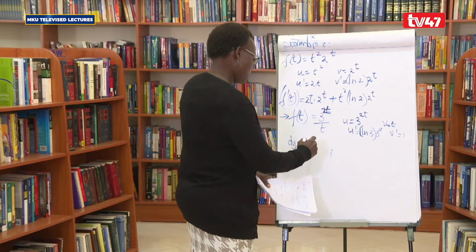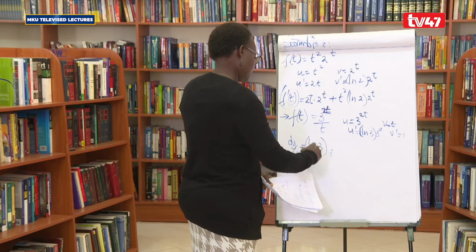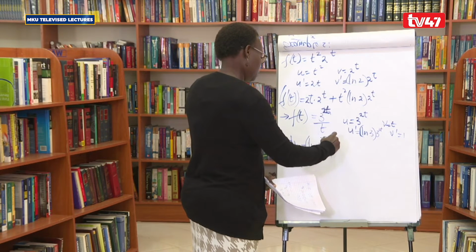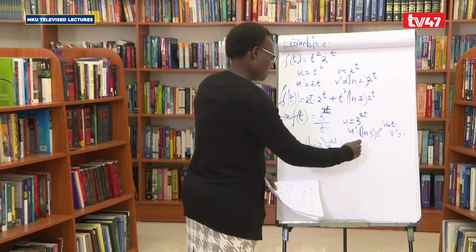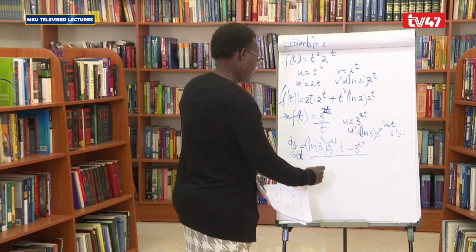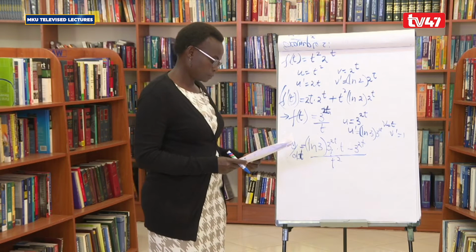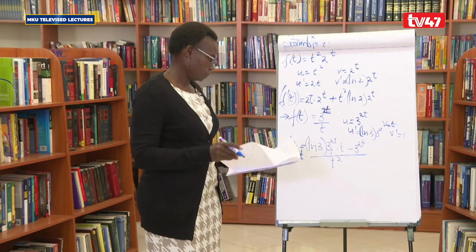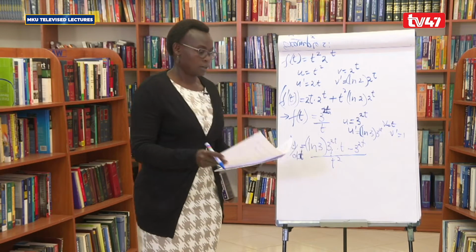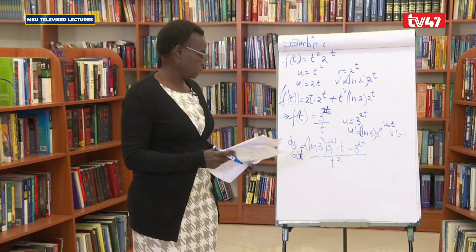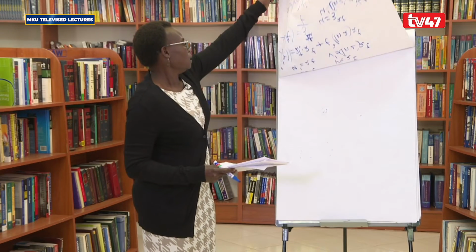So this would be u bar, so that would be ln 3 times 3 to the 2t, and then minus 3 to the 2t over t squared. So we can choose to factor out 3 to the 2t, or we can just leave it as that. I will move to the next thing.